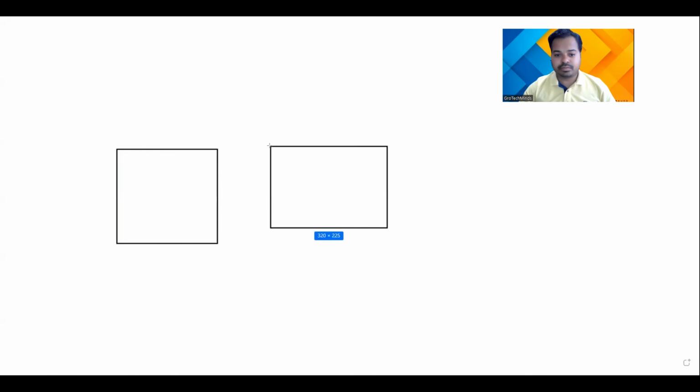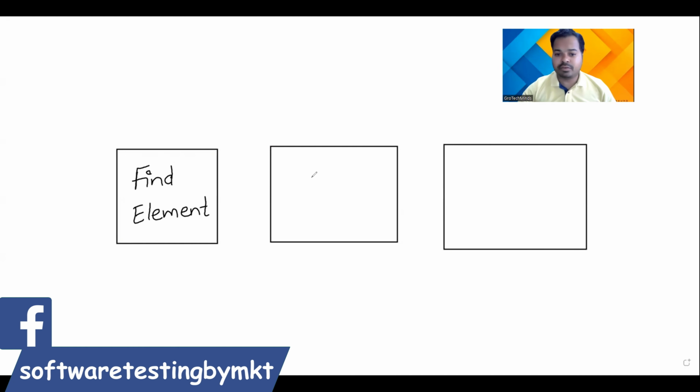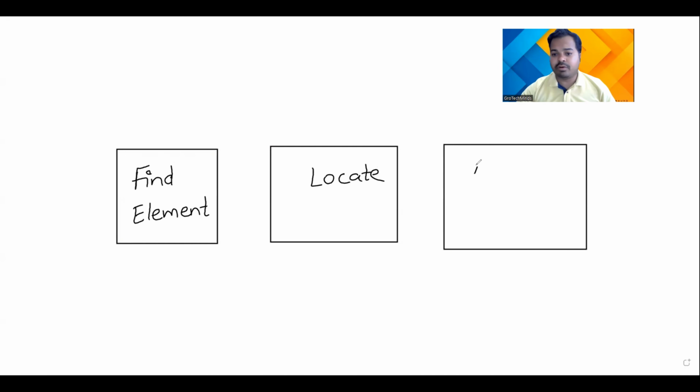In Selenium, we mainly do 3 things. We first find the element. After finding the element, we locate it. After locating it, we perform action.